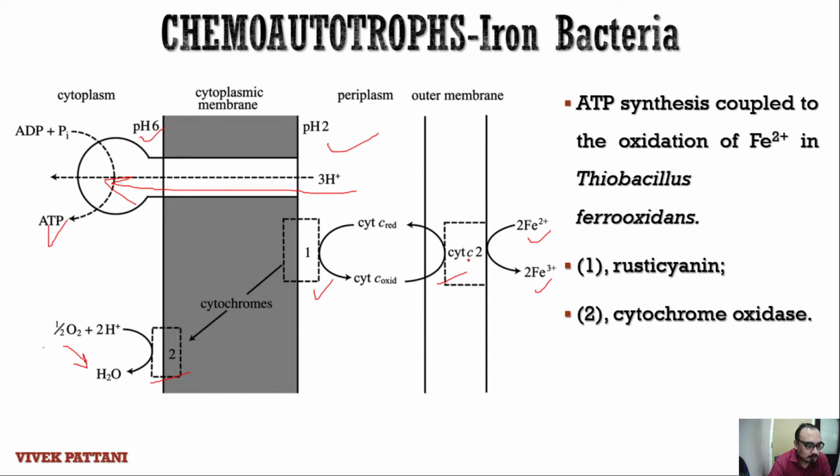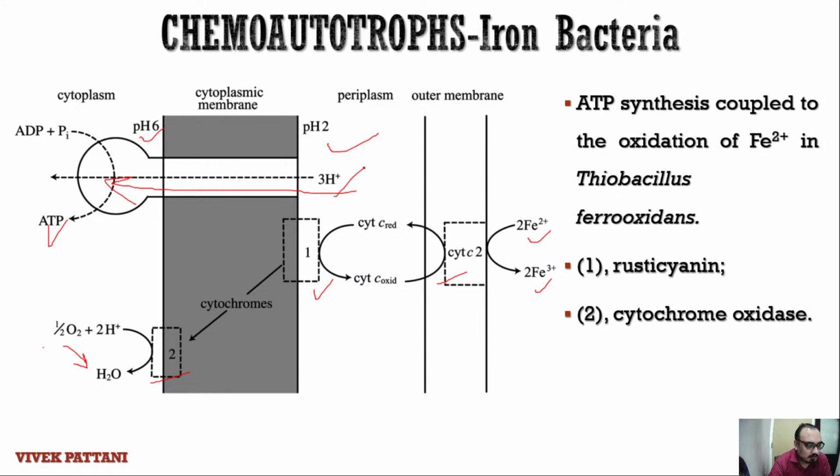With the help of rusticyanin, electrons are then transferred to the cytochrome oxidase, where oxygen forms a water molecule.